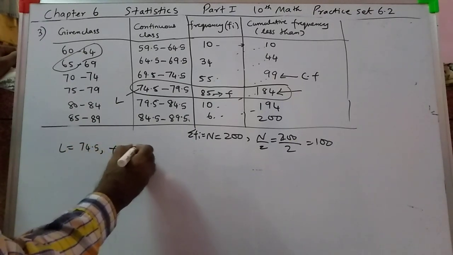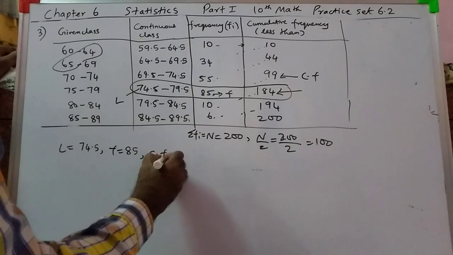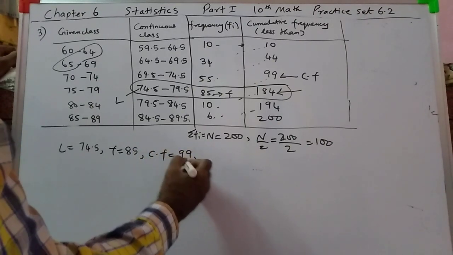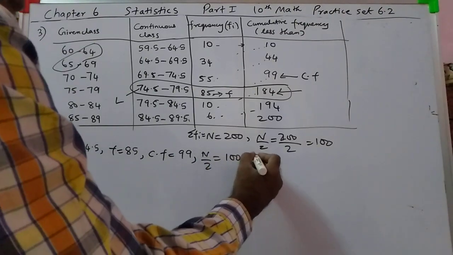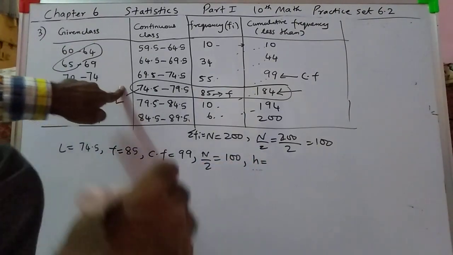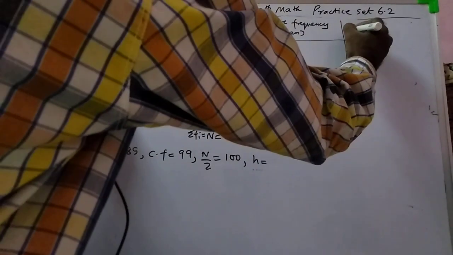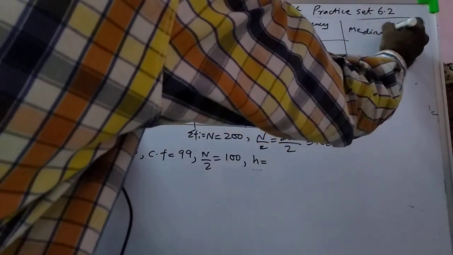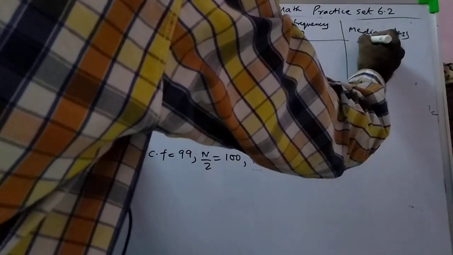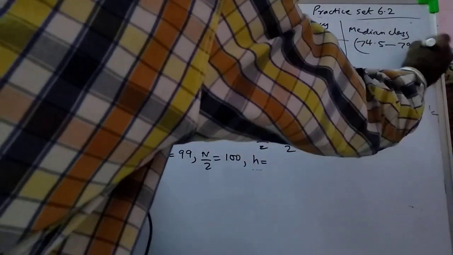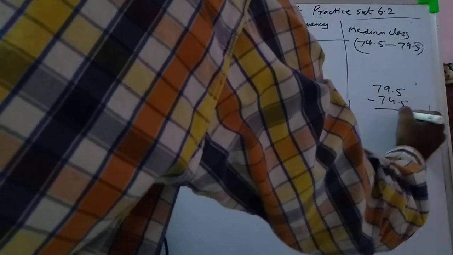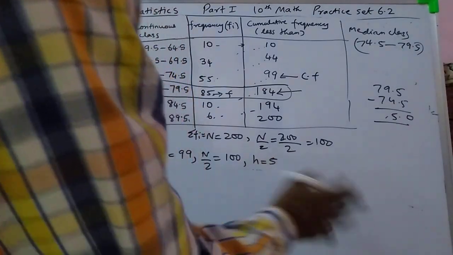F is 85. CF is 99. n by 2 is 100. You want to find the width. Width you can find from the median class, 74.5 to 79.5. That subtracted is equal to 5.